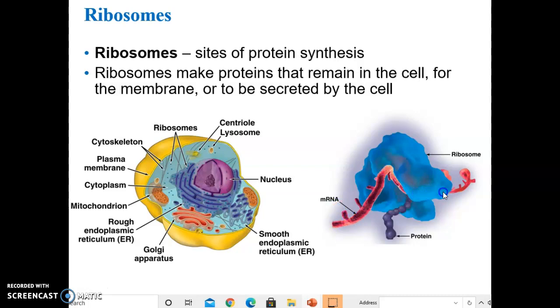The information on the mRNA molecule is interpreted by the ribosome, and what the ribosome does is it links the different amino acids together to form a polypeptide chain that will become a protein. So the ribosome is the site, the physical place where proteins are made. And ribosomes are organelles as well as the other organelles in the cell. A ribosome is one particular type of organelle.